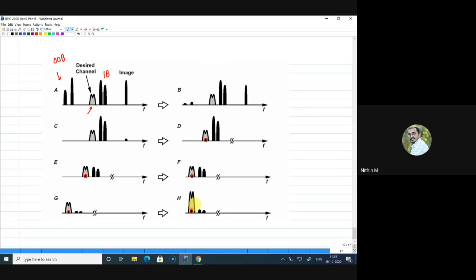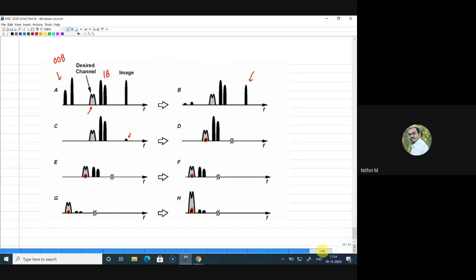Even if we are trying to eliminate images, it is not 100 percent. Depending on the filter used, there can be some corruption from the image, but that is okay. Once it is within the noise floor level, those corruptions are okay, or we can manage them.